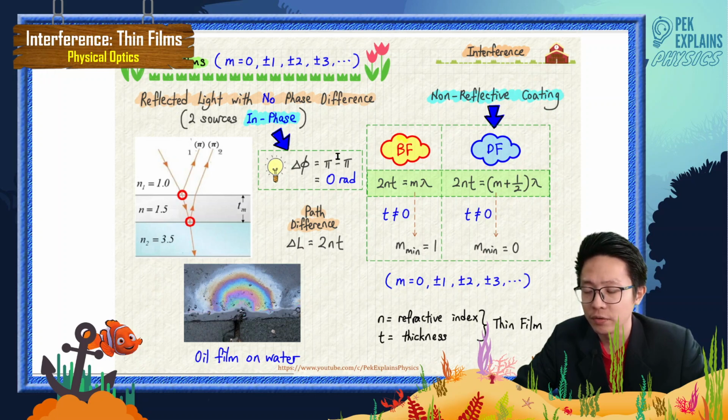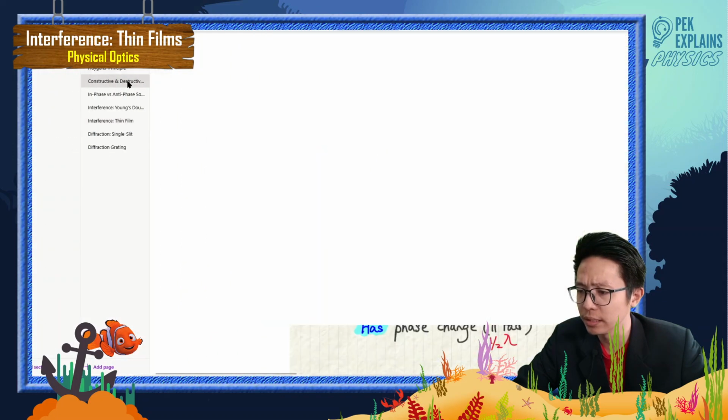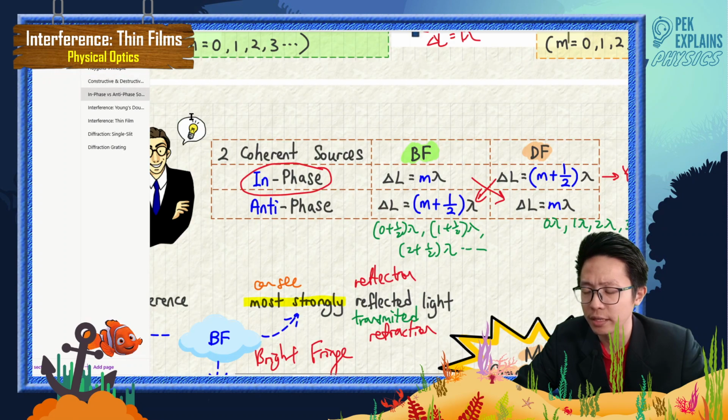Just like the one we learned very early on, if in phase, delta L must be m lambda for the bright fringe, and the dark fringe is m plus half lambda.